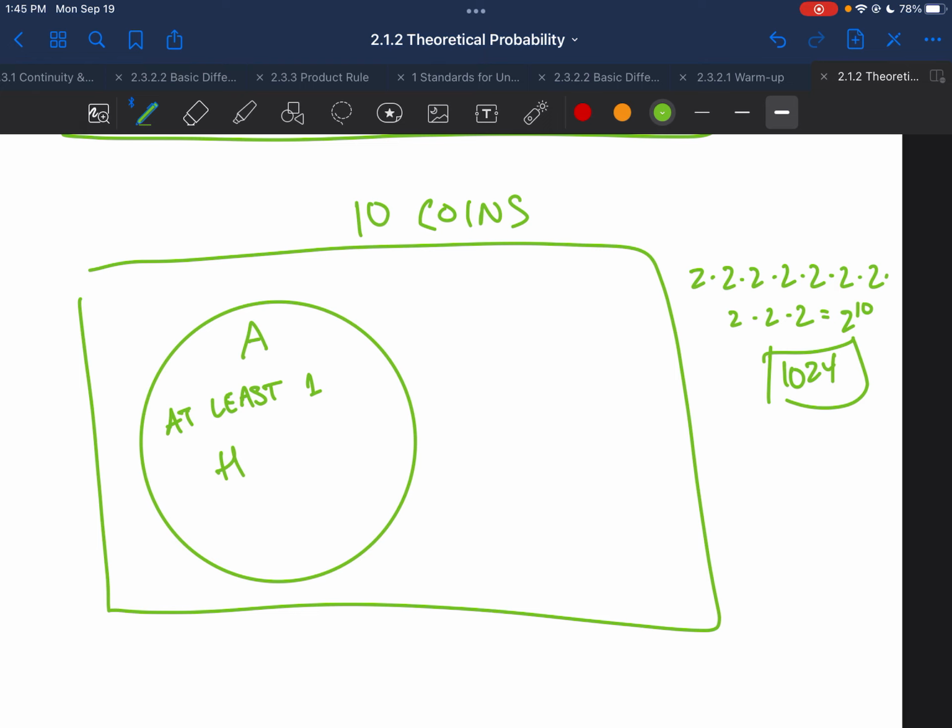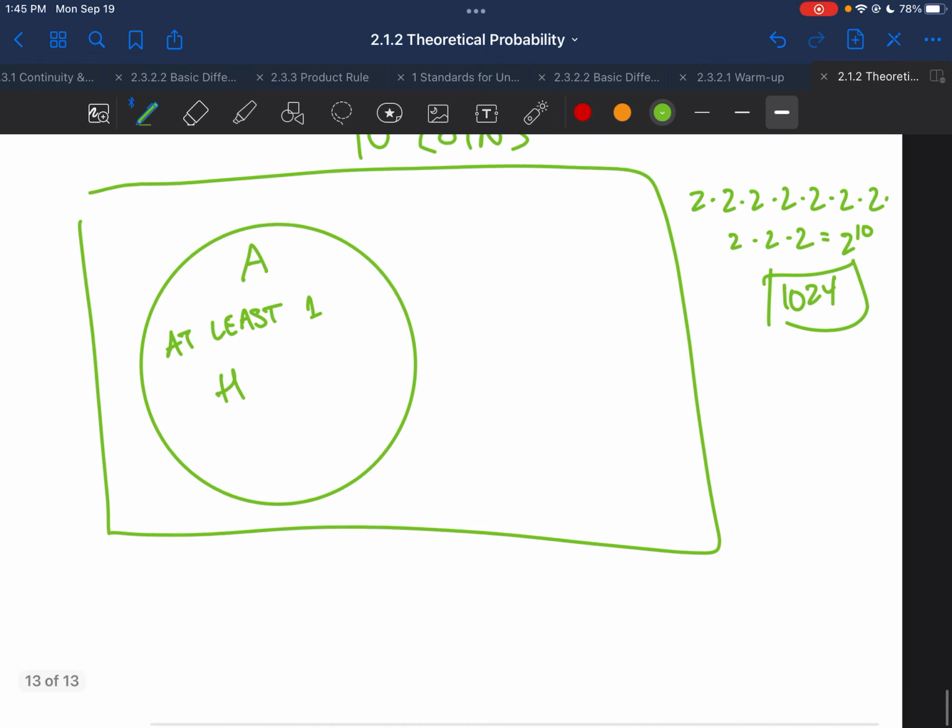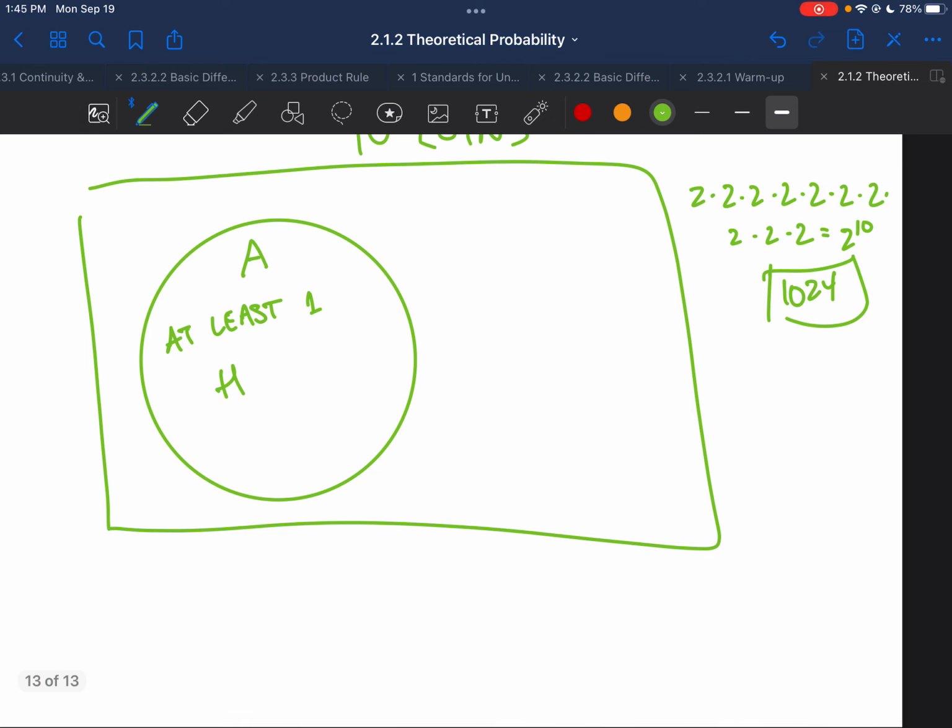Now I could list all of the possibilities out, and just an example of a couple, I'm not going to list them all out, would be that I get heads, heads, heads, heads, heads, heads, heads, heads, heads, 9 out of 10, and a tails.